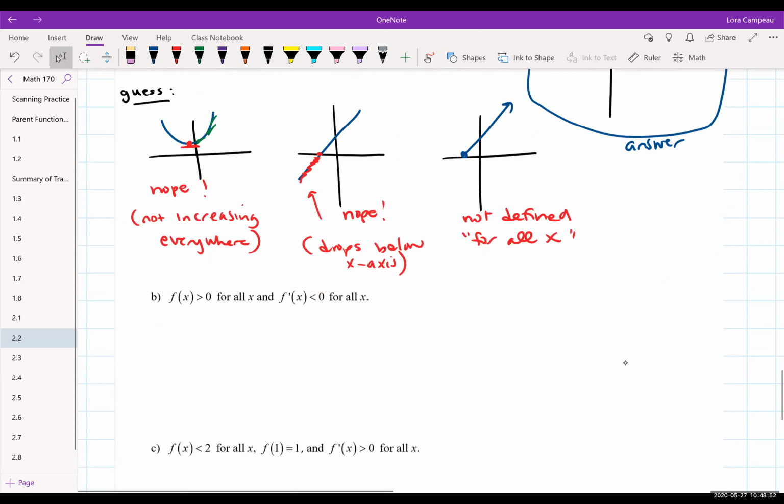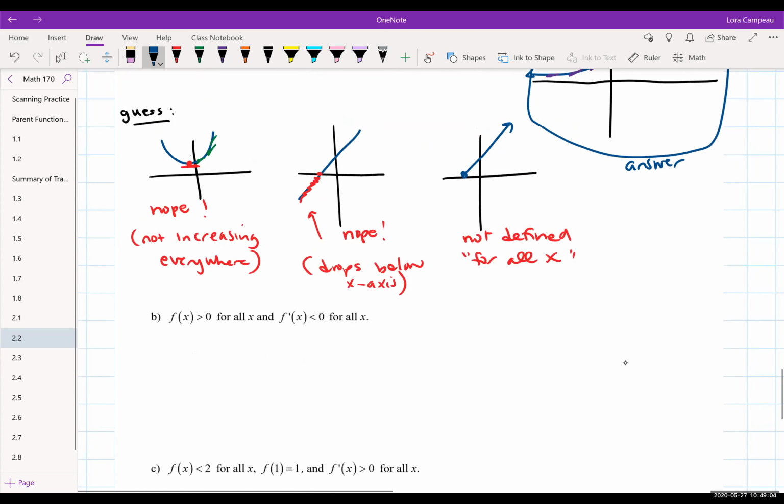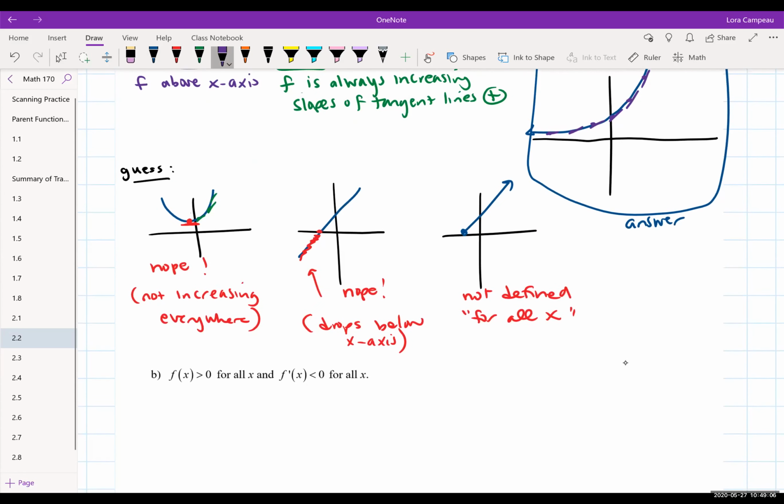So hang in there. If I was trying to create a function, here I am again, I'm looking at the function always being above the x-axis for part B. Okay, so function above x-axis. And this time, it's a little opposite, it's always decreasing.